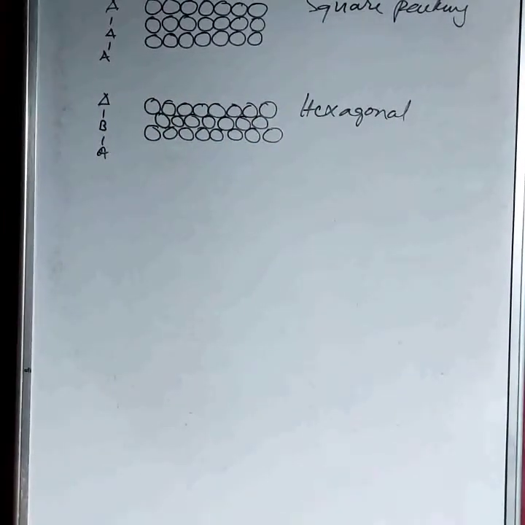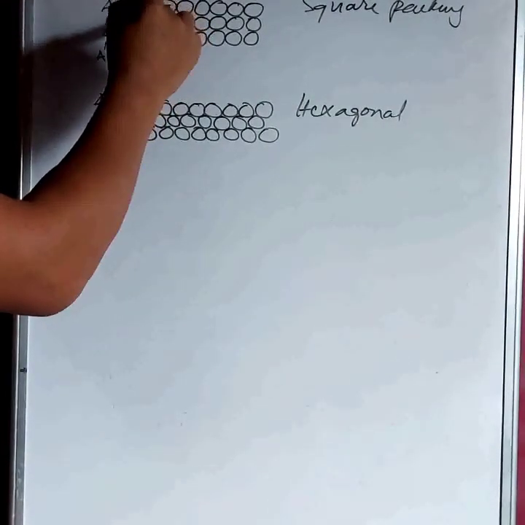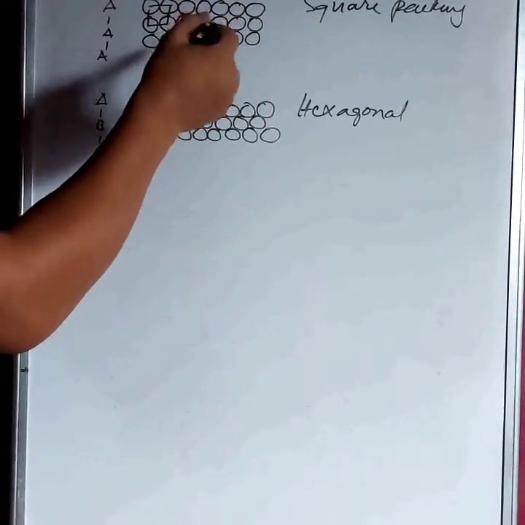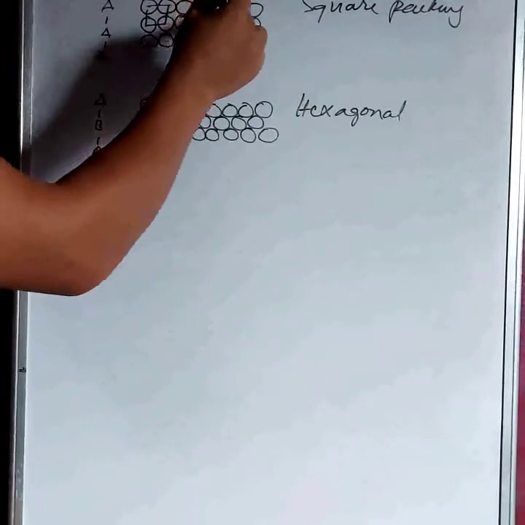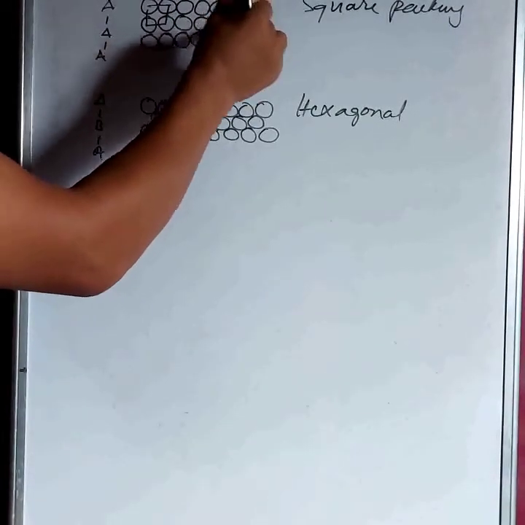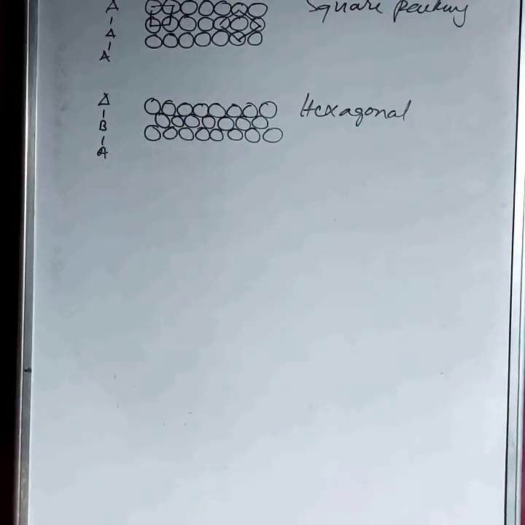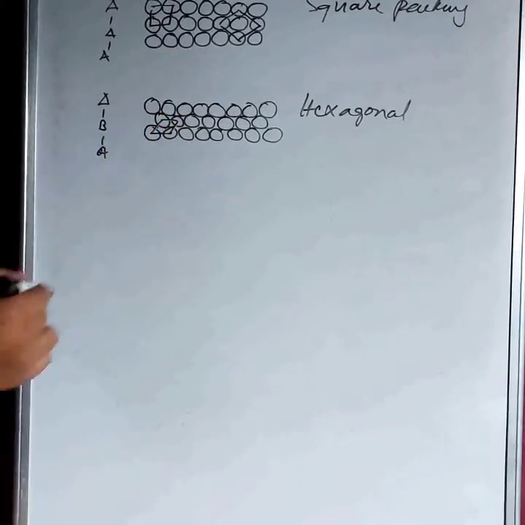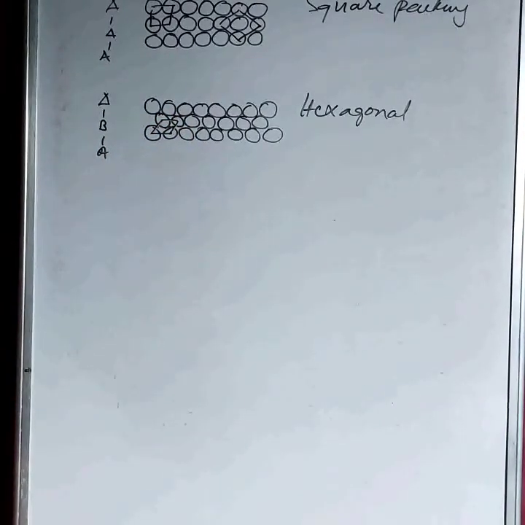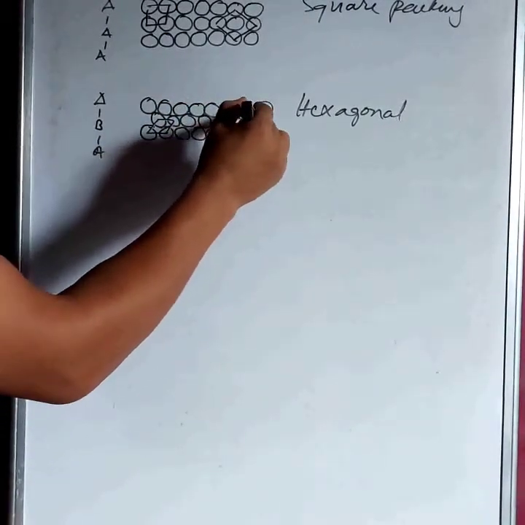In square packing, we can get our simple cubic system like this, or we can generate a body-centered cubic system this way also. But in the hexagonal packing system, we can have a rhombohedral type or the regular hexagon type packing system.